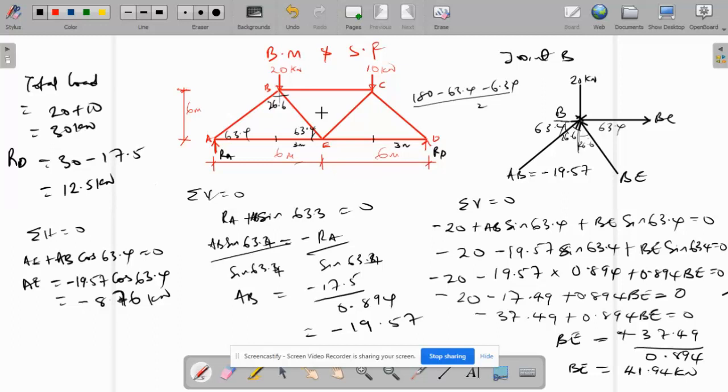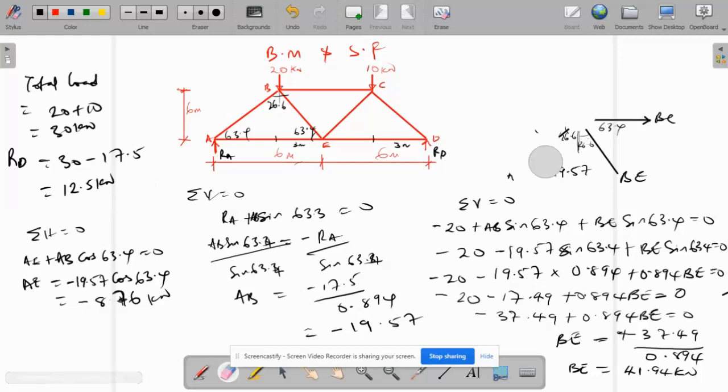So we now have BE, and we have AB, and we have AE. The next thing we do is go to the right hand side, joint D. So let's wipe the board so that we can go to joint D. We need to note the values we are getting down so that we can record them.